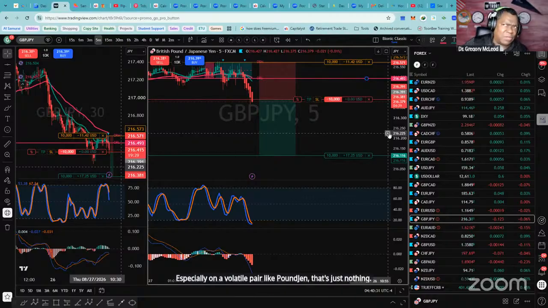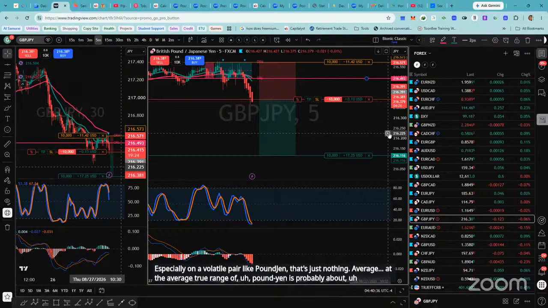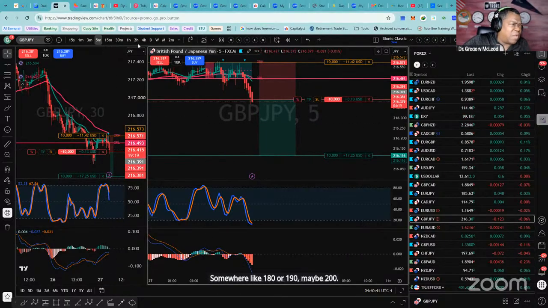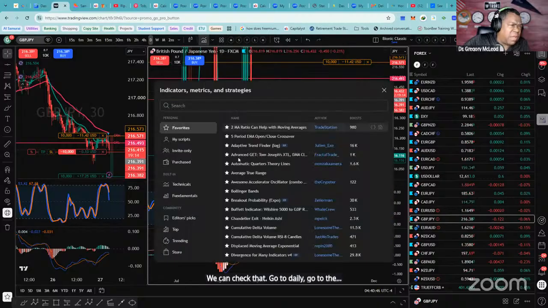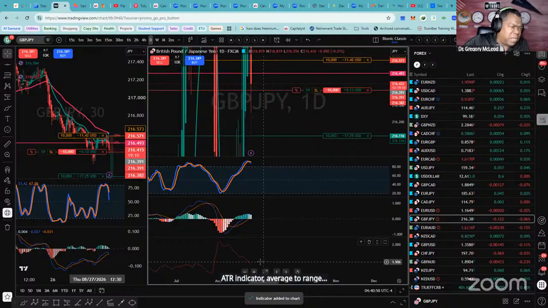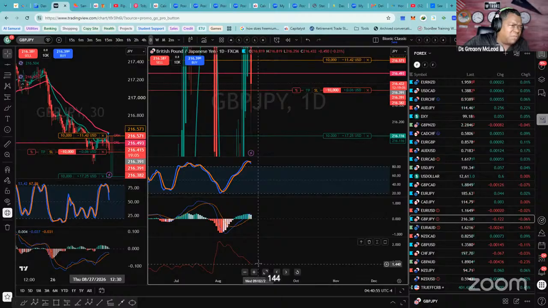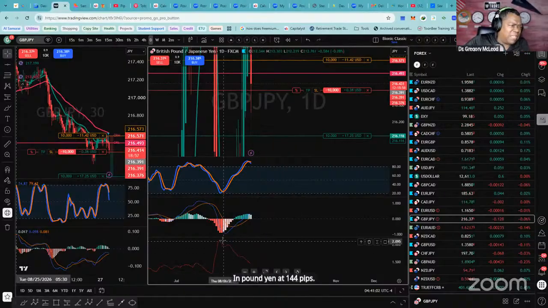The average true range of pound yen is probably somewhere like 180 or 190, maybe 200. We can check that. Go to daily, go to the ATR indicator, average true range. It's 144. So 9 pips is not going to make a lot of difference in pound yen at 144 pips. But it's been as high as 207, right?